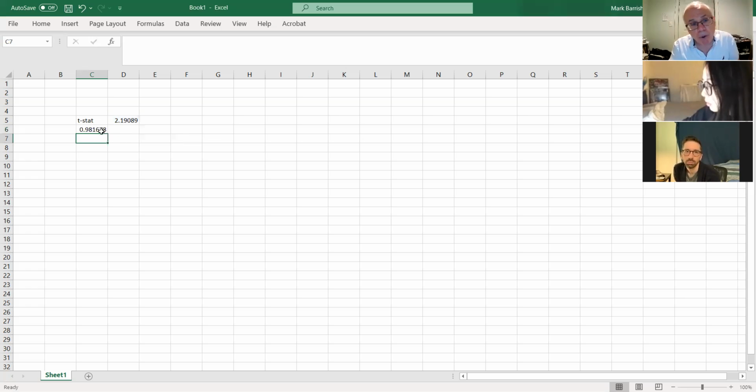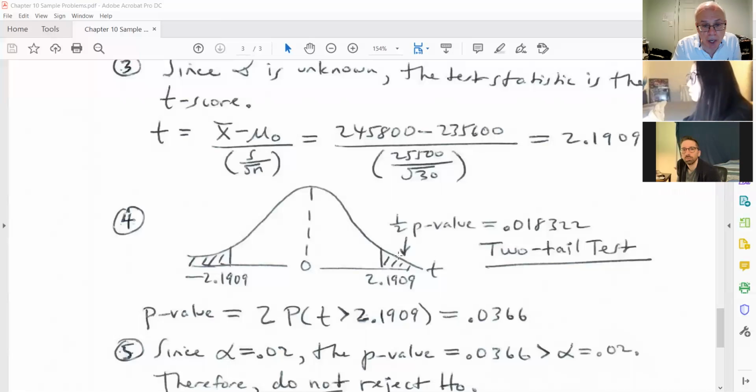Now, what I just came up with is not the number I want. Let's stop sharing for a minute and go back to the solution. What I'm interested in is this area here, the area to the right.